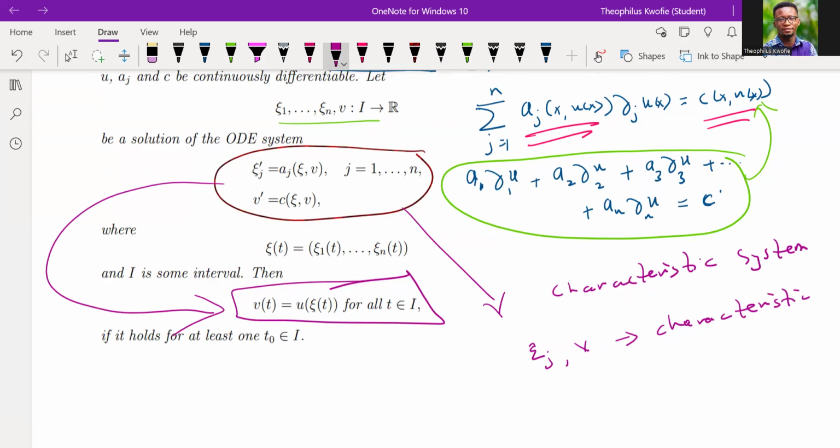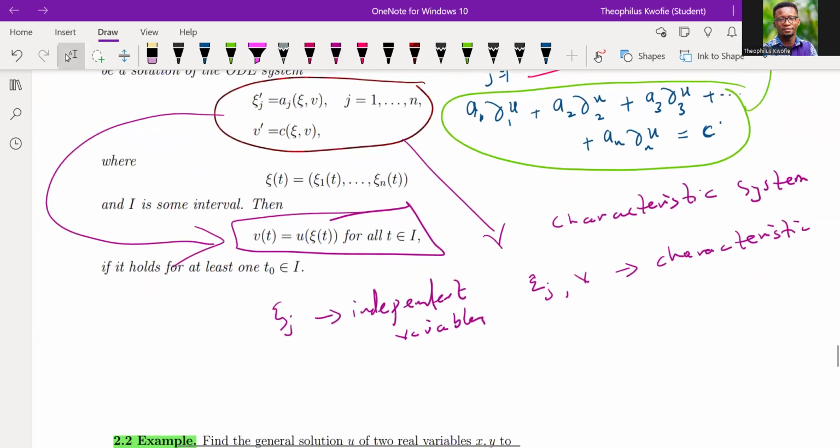I want us to take note that the xi j's correspond to the x coordinates, the independent variables. Let's take note of that.